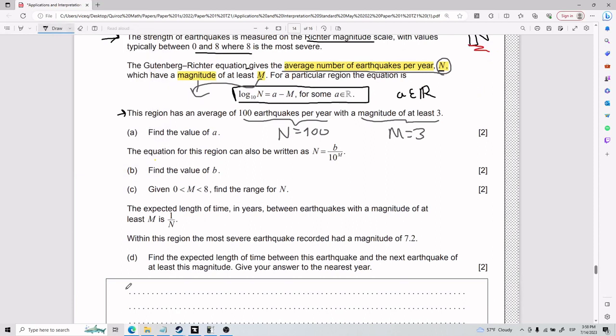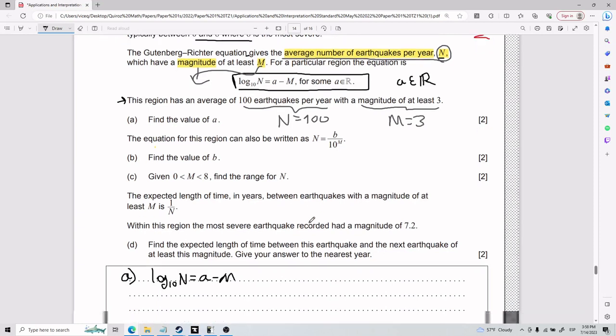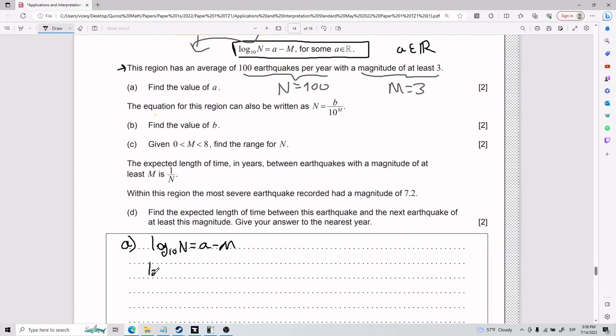Alright, so my equation is log base 10 of big N equals a minus big M. So if I go ahead and plug all of that in, I will have log base 10 of 100 equals a minus 3. Okay, now I'm getting somewhere, see?